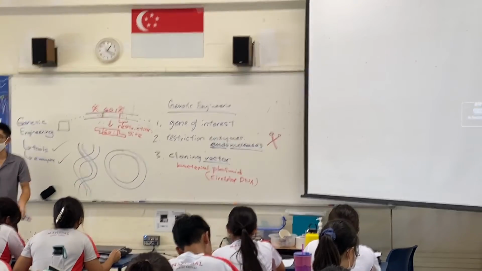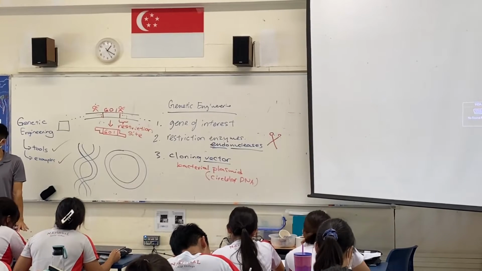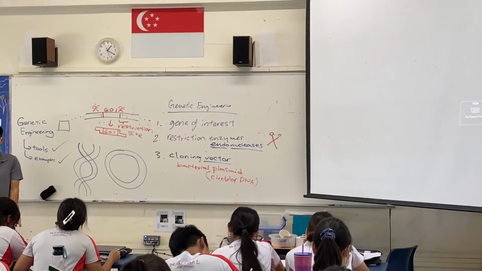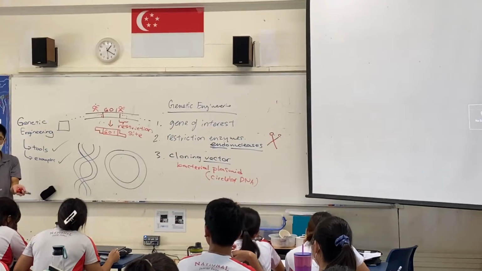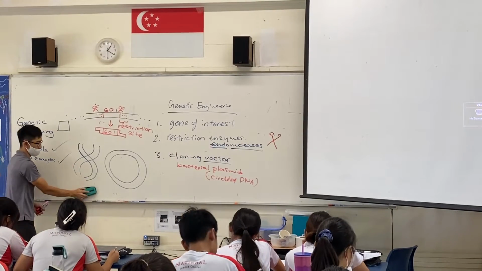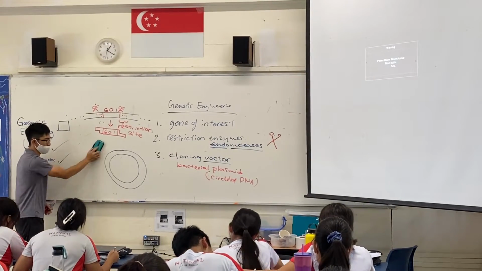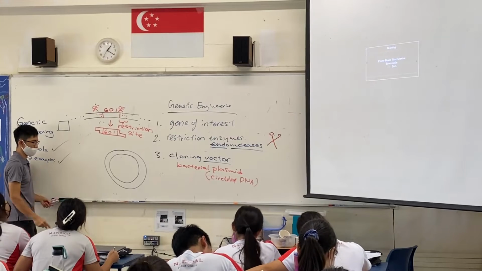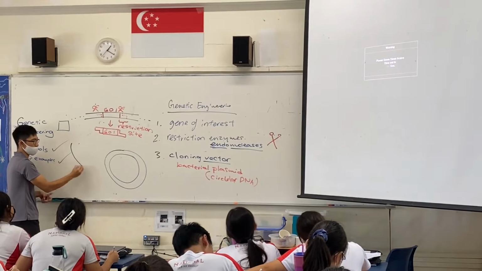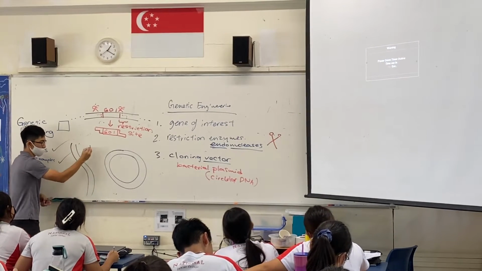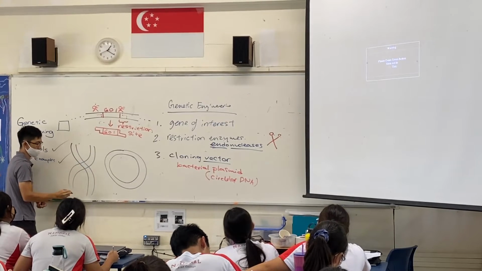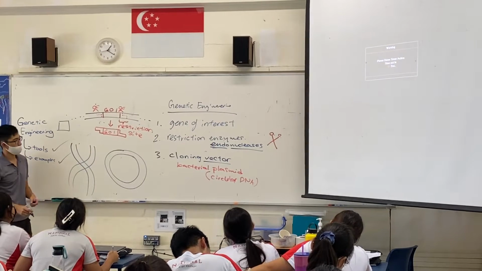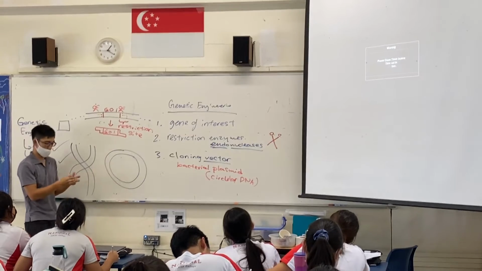That's why we say it's circular. Therefore, it does not have a 3' or 5' end. It's just a closed loop. Maybe I should blend this so you have some sort of comparison. This is a cloning vector.